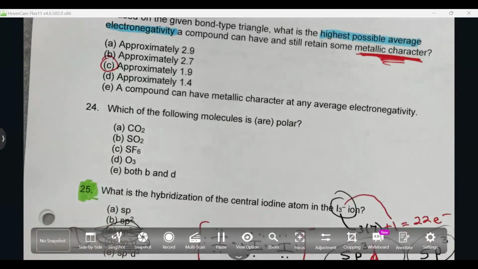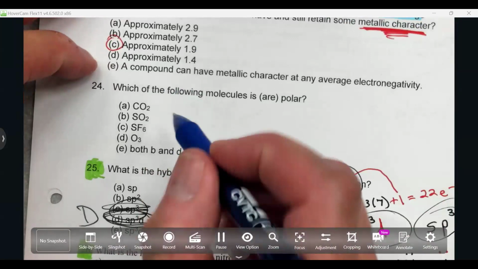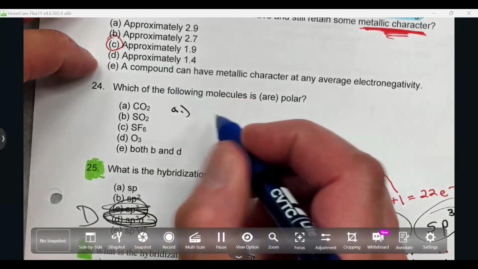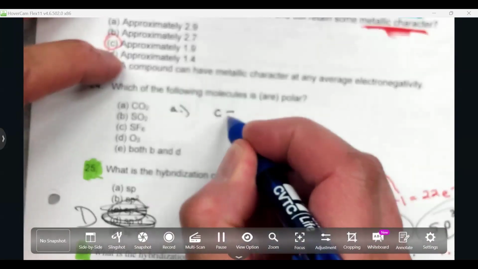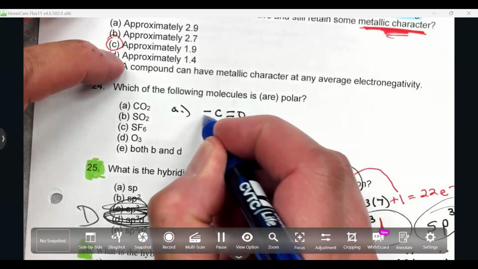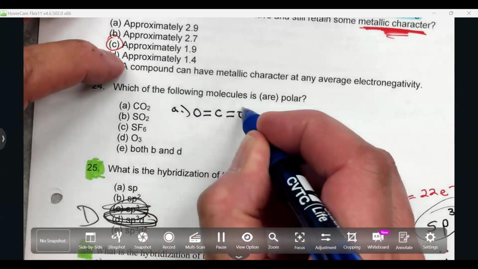Let's do 24. Which of the following molecules is polar? Okay. If we did A, I think we've done this enough that we know we've got this for carbon dioxide, I'm hoping.